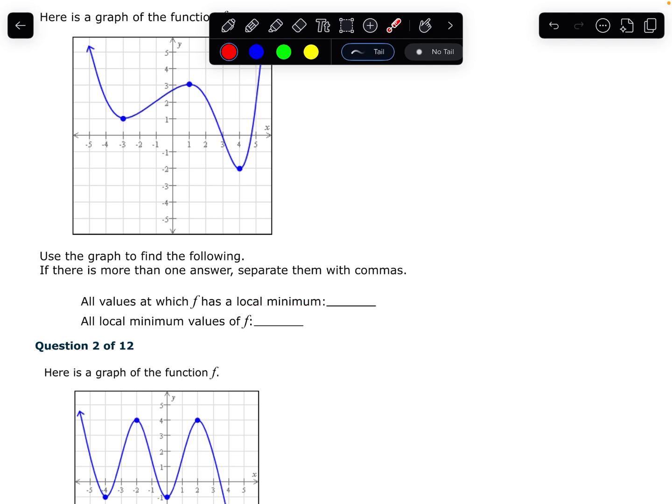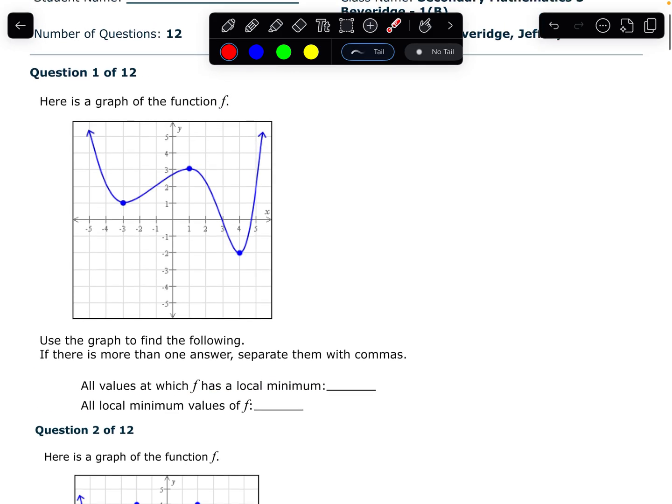We know from graphing parabolas or quadratics a couple units before that a minimum is whenever you have the lowest point of the function. So all values at which f has a local minimum and all local minimum values.